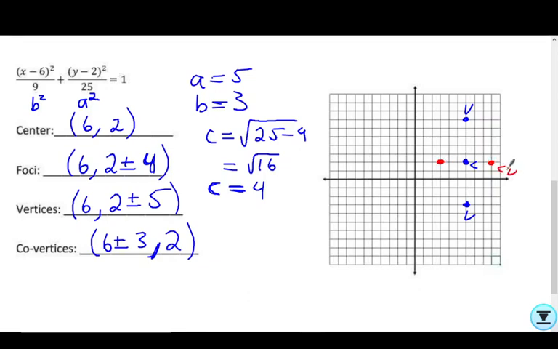Those are my co-vertices. And my foci are 1, 2, 3, 4. 1, 2, 3, 4. And then connect my vertices and co-vertices. Connect the points. There's my ellipse.